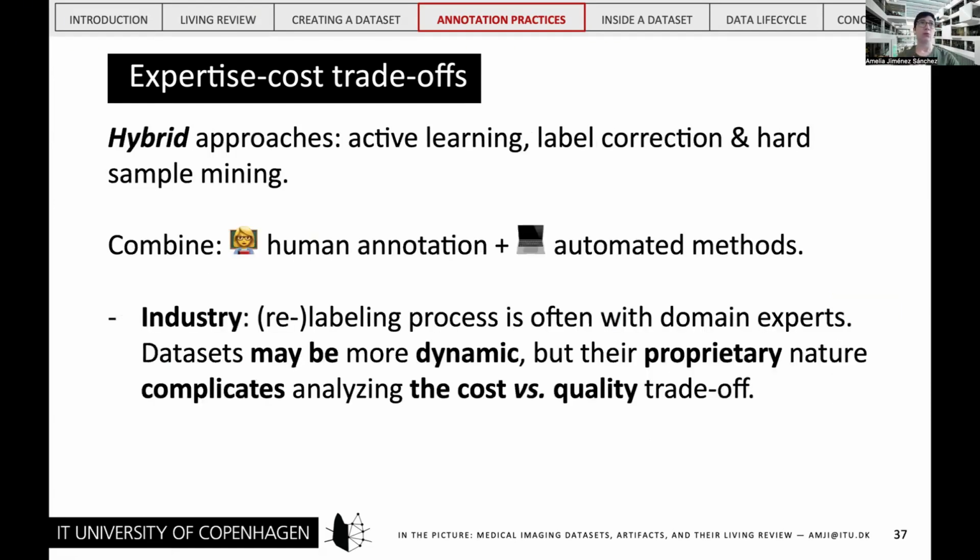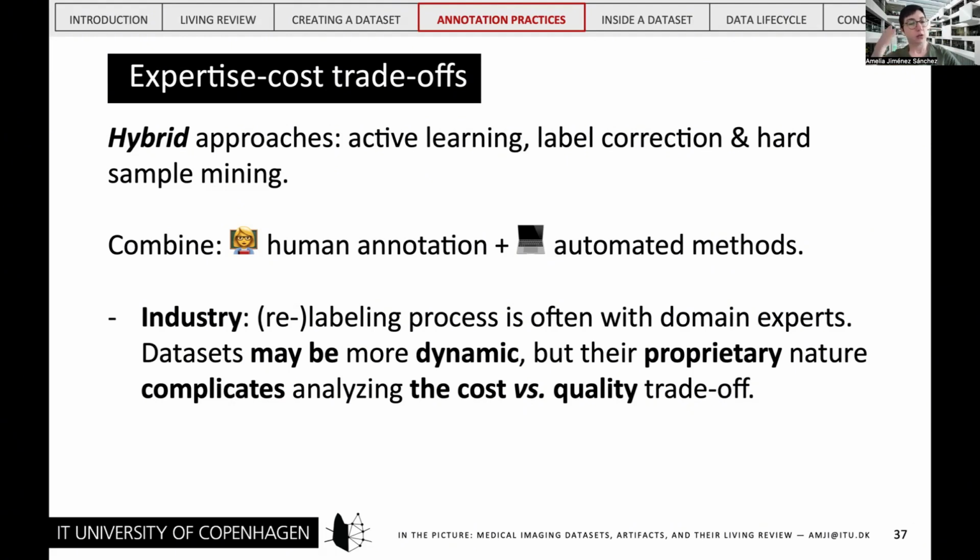And another type of approaches are hybrid approaches that are based on active learning, label corrections, and hard sample mining. In this case, hard sample mining consists of collecting additional hard samples that could be from specific device manufacturers or rare disease subtypes. And here we could combine the advantages of both, that is, having human annotations but also automated methods.